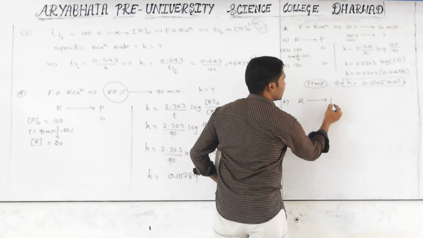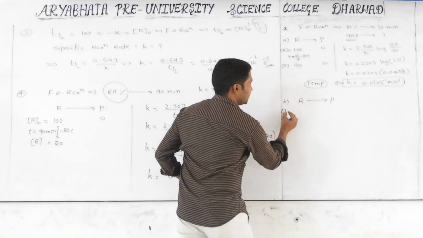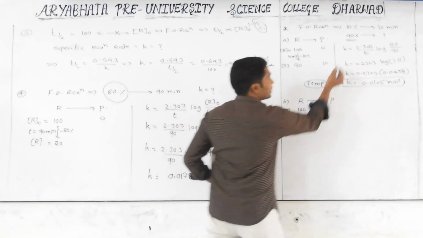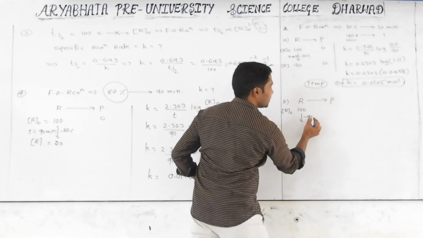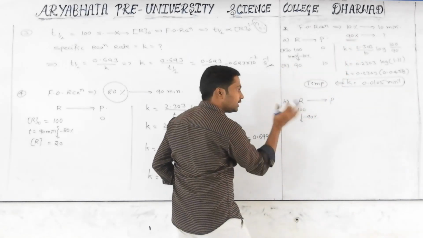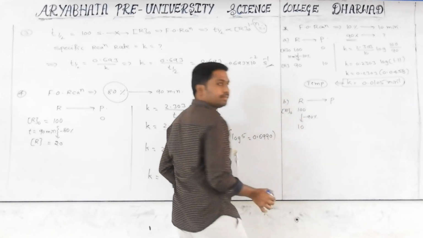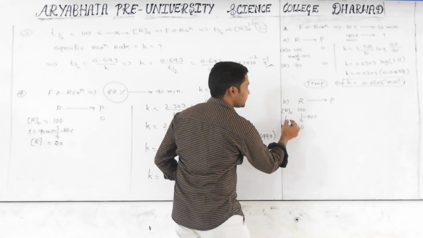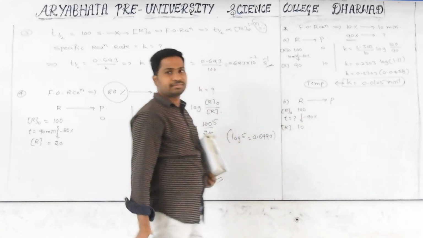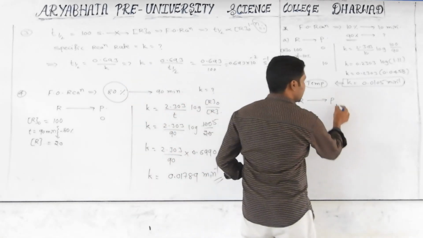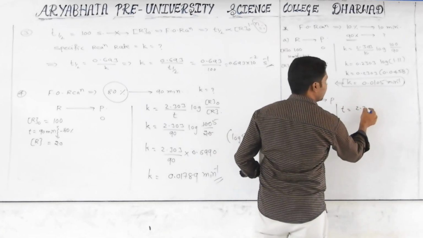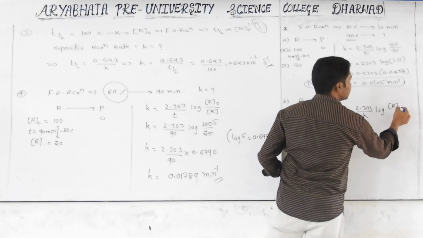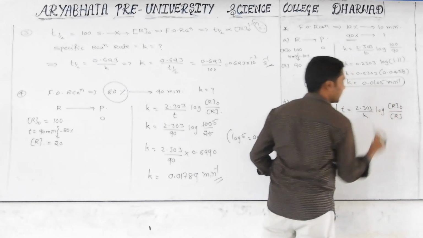Converting reactants into products is a good model for you. Initial concentration is how much? 100. How much is decomposing? 90% is decomposing. After decomposition of 90%, how much is remaining? 10. So the final concentration is 10. Now for this, the time T is equal to 2.303 by K into log of initial concentration by final concentration of reactant.